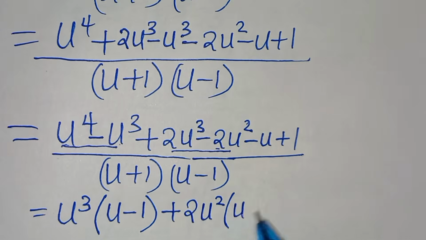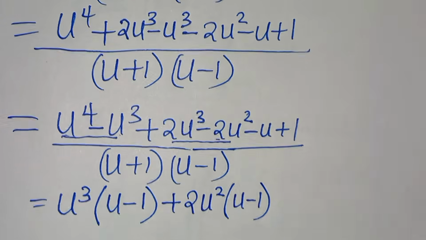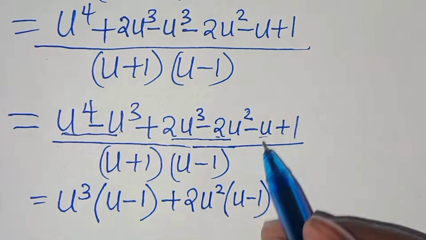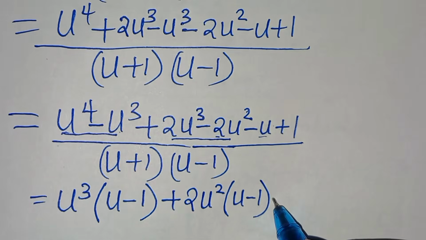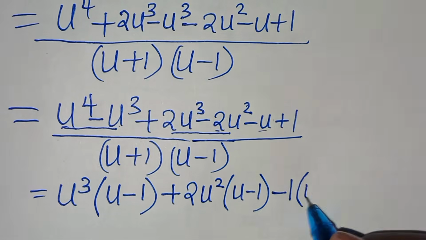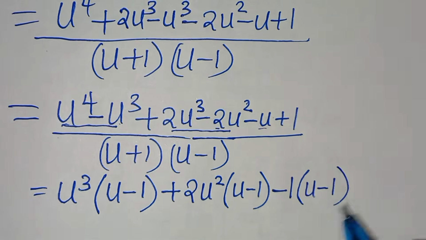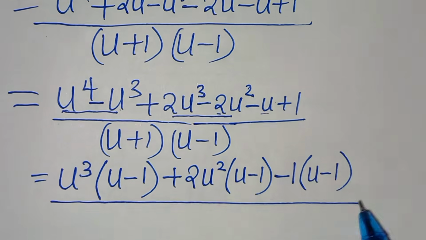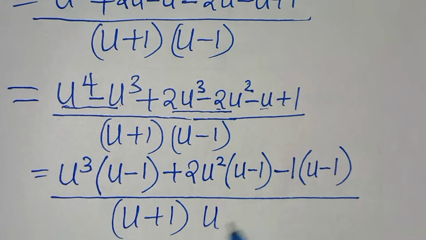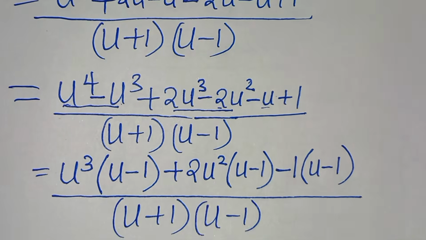Here we have u minus 1. Then here we have minus u plus 1. We have that 1 is common here, so we can factor out 1 into the parentheses. This is u minus 1. Everything here divided by u plus 1 times u subtract 1.